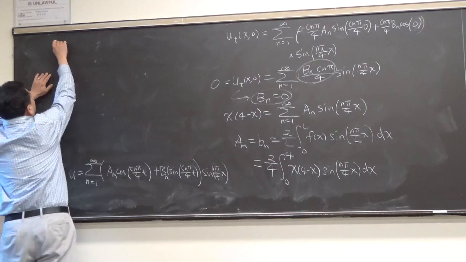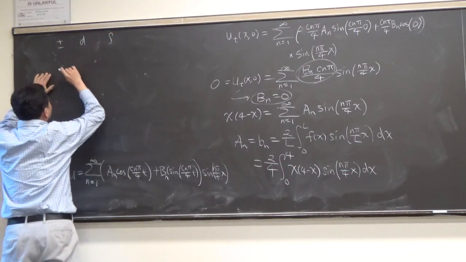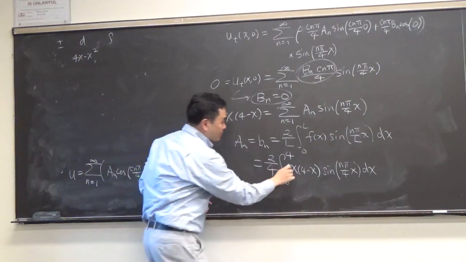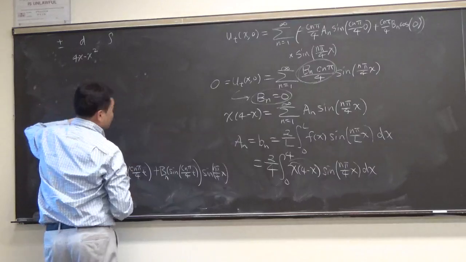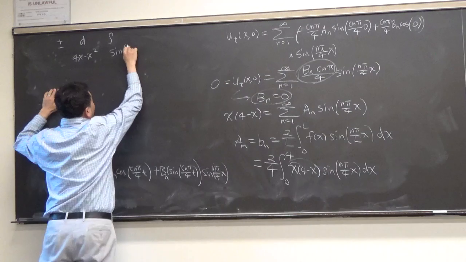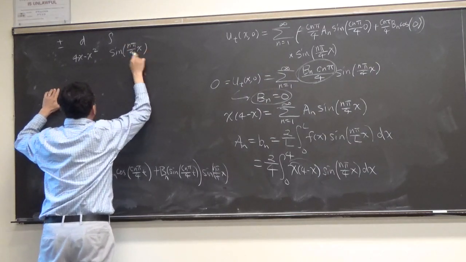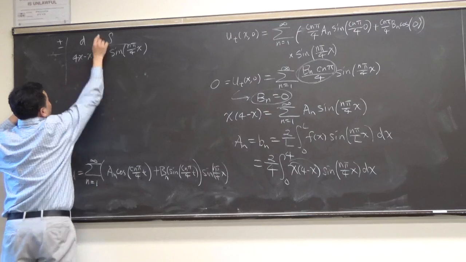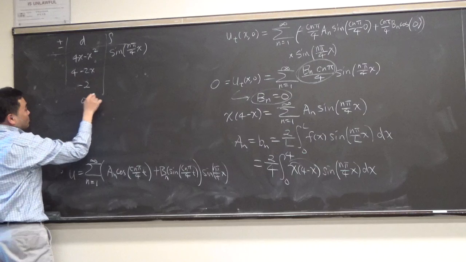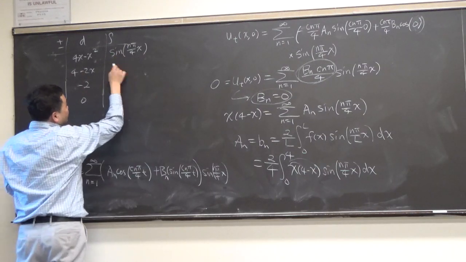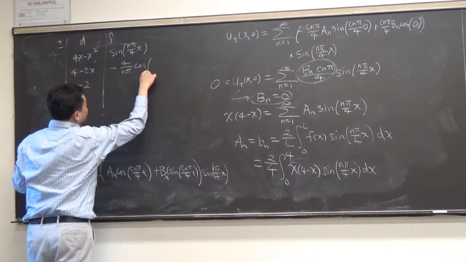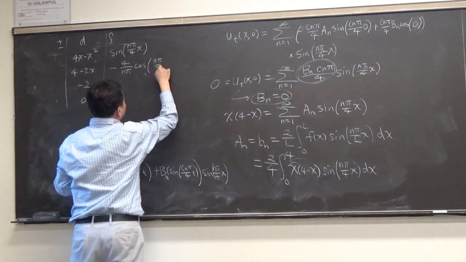It's plus minus, D, integral. 4x minus x squared is, if you multiply x times 4, x times x, that's what you get on the D column. On the integral column, you put sine n pi over 4x, and then differentiate, that's 4 minus 2x, differentiate again, it's negative 2, differentiate again 0. Integrating sine gives you negative cosine, so it's 4 over n pi cosine n pi over 4x.